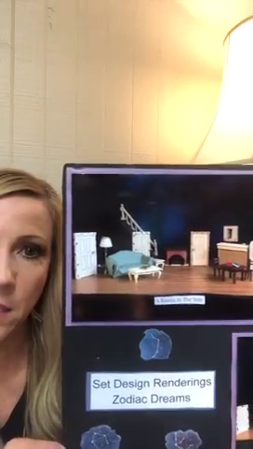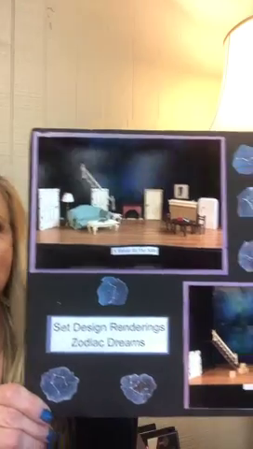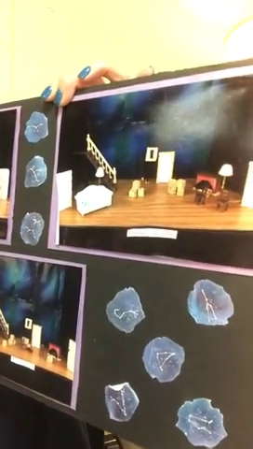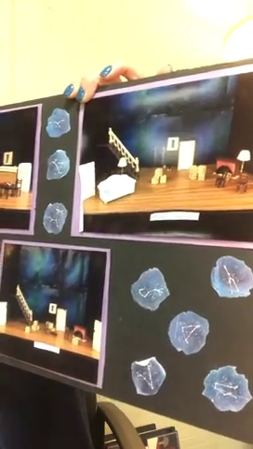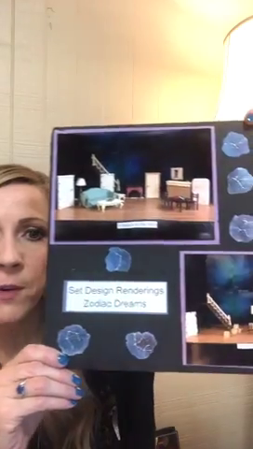And it is built and designed and photographed and then mounted to show the 3 different sets and how they were going to change. So this was partially built at her home and then brought up to school and photographed.